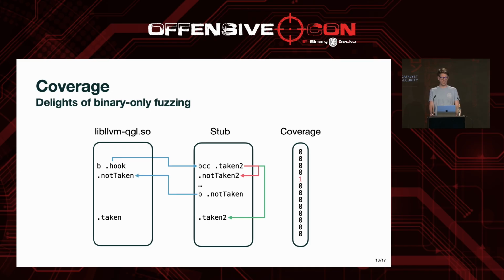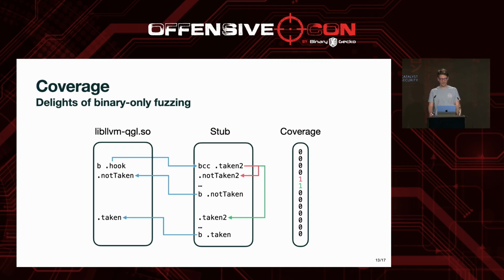Of course, we also have to rewire this instrumentation back to the original branch label, not only for the non-taken variant, but also for the taken variant of the conditional branch.